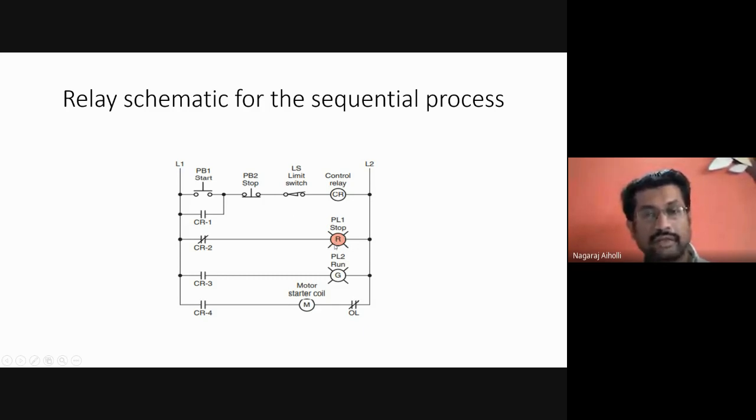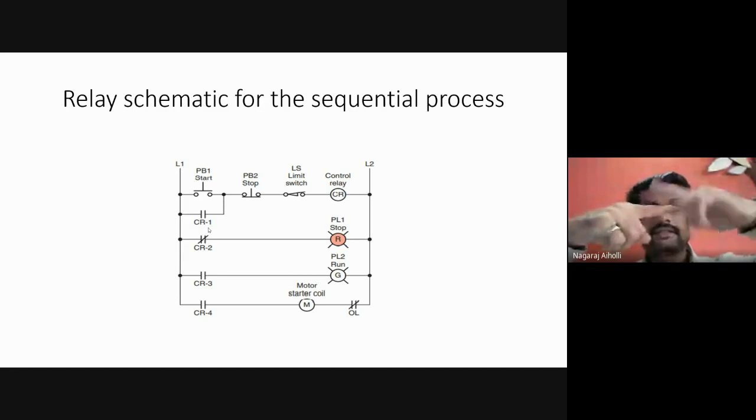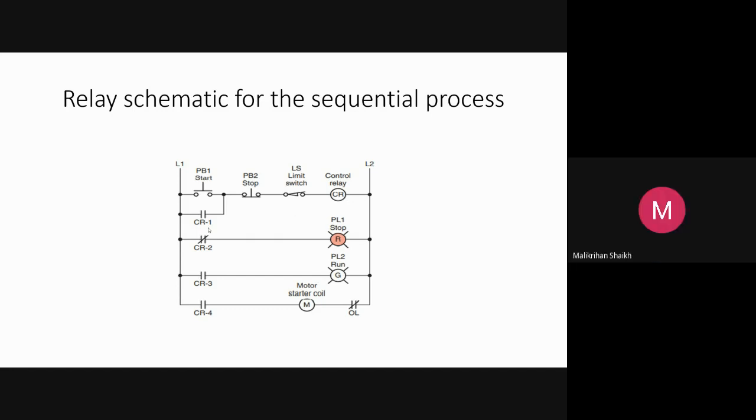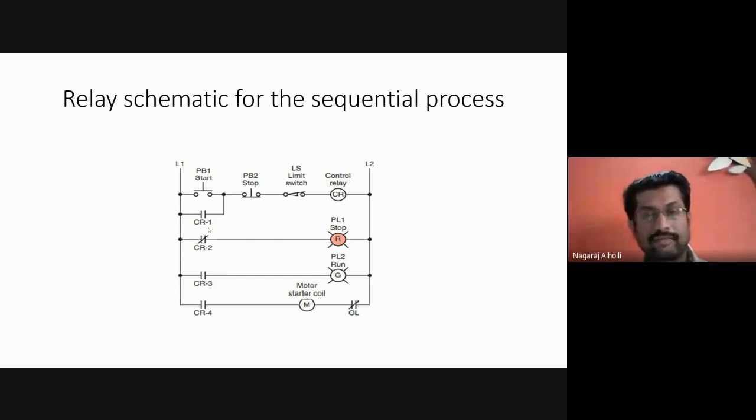Now when the current flows and CR2 becomes open from the closed position, once it becomes open, what happens to the red indicator, does it go off or on? Off, sir. Off, exactly. It goes from on to off state.